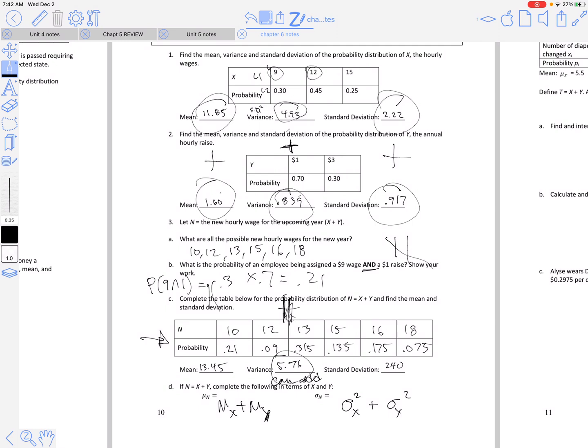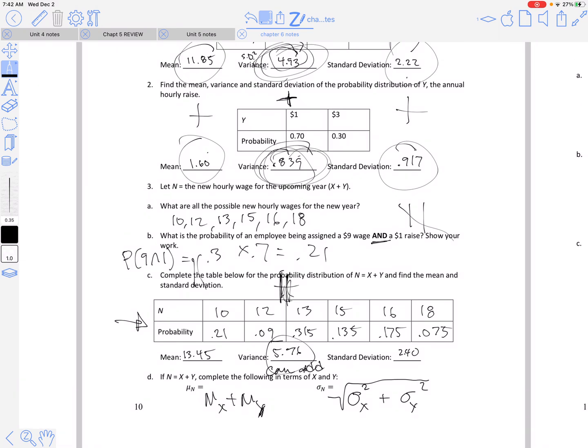But remember, that will find the variance of x plus y, so then we'll need to take the square root. If you do that, and I did do it, you take that, which is the variance, so it's already squared, add it to that, take the square root, and you'll get $2.40.